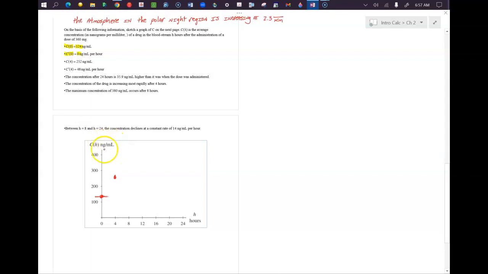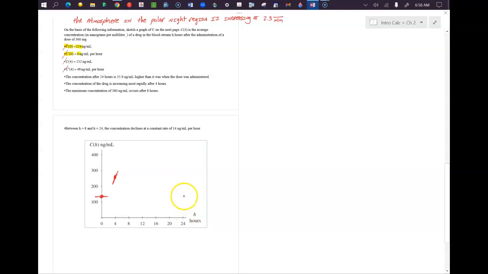So the units of C of H divided by the units of H. And I'm going to estimate that. That is a positive slope, and I'm just going to say that it's something like that. So we got our first 4 bullet items taken care of. The concentration after 24 hours is 35.9 nanograms per milliliter higher than it was when the dose was administered at h equals 0.